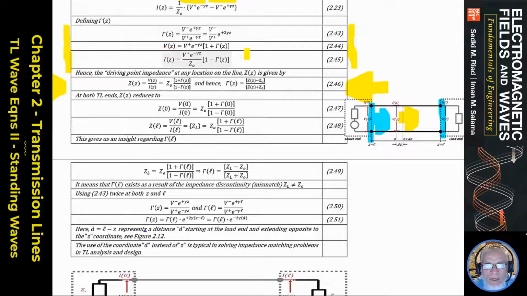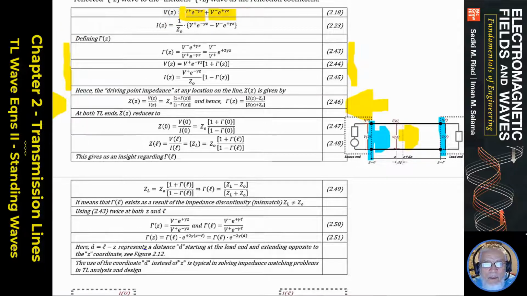Now that you know gamma of z, you can find V of z and you get I of z. Except for the V plus. We haven't really determined the V plus yet. Alright? Who's determining the V plus? The source has to determine the V plus for us.